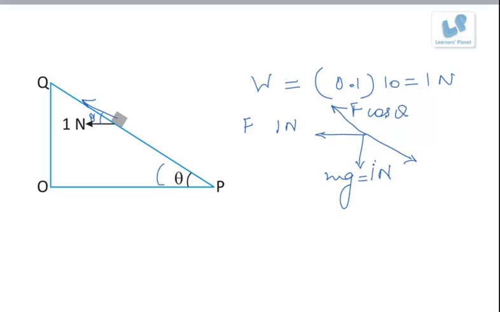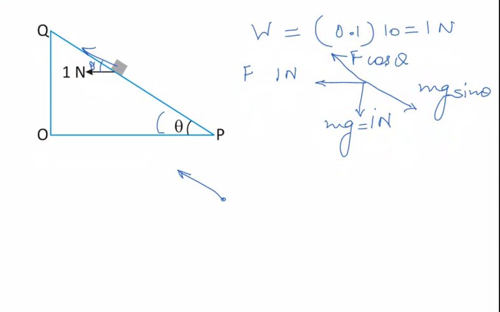So the component of weight along the incline is mg sin theta. Okay, so the net force acting along the incline is, one is F cos theta acting upwards and mg sin theta acting downwards.